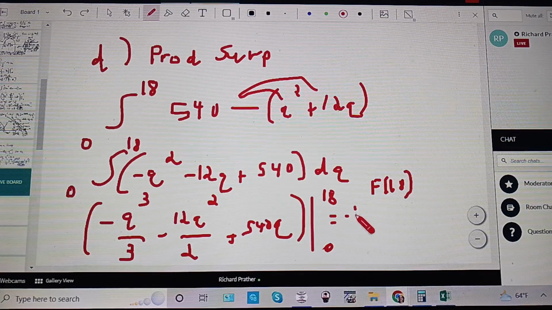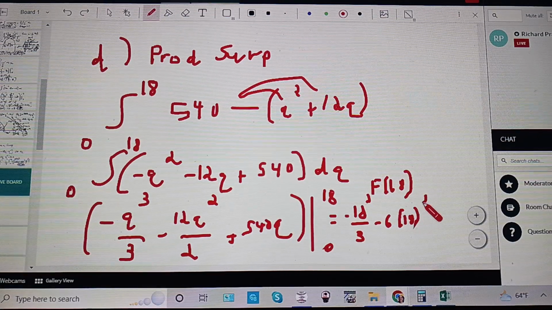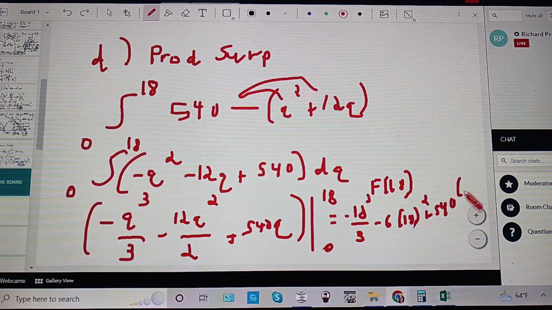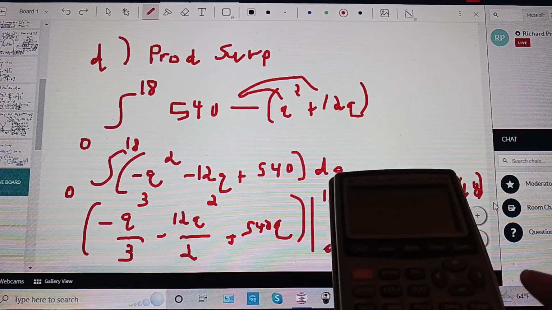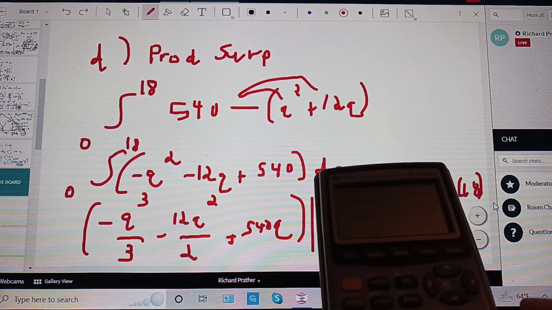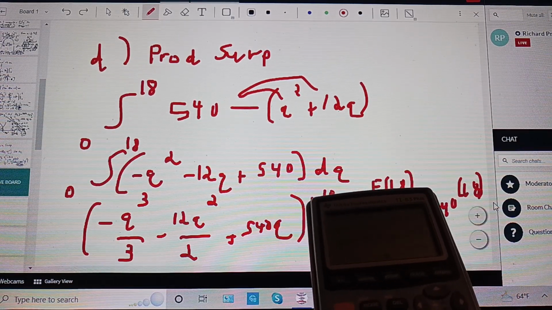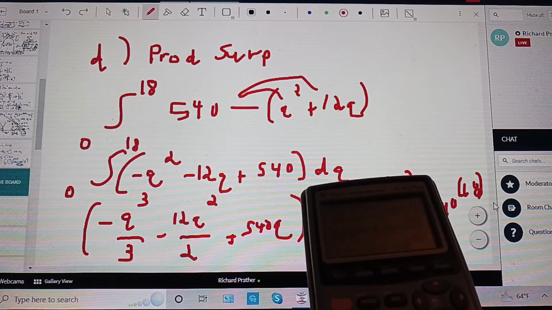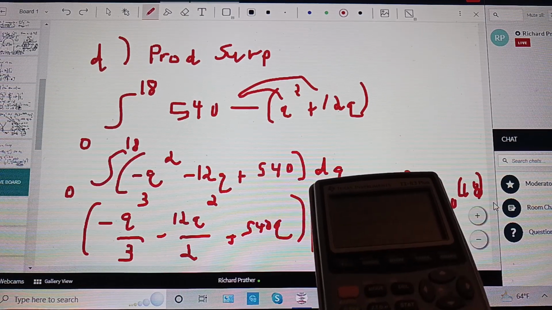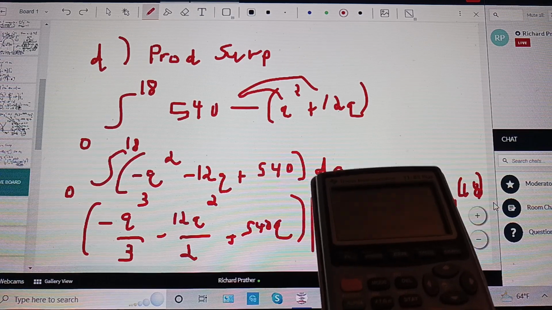So I need a negative 18 cubed over 3. And this equals 6. So minus 6 times 18 squared plus 540 times 18. Negative 18 cubed divided by 3 minus 6 times 18 squared plus 540 times 18.